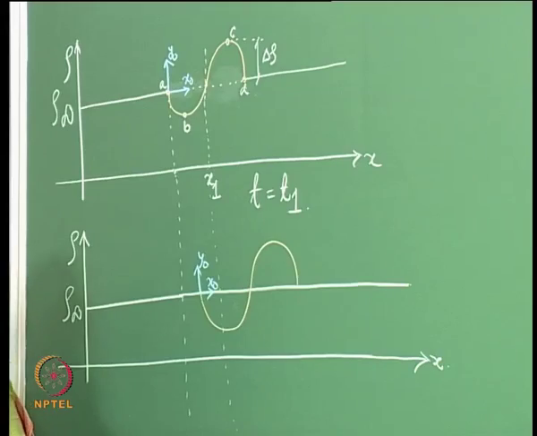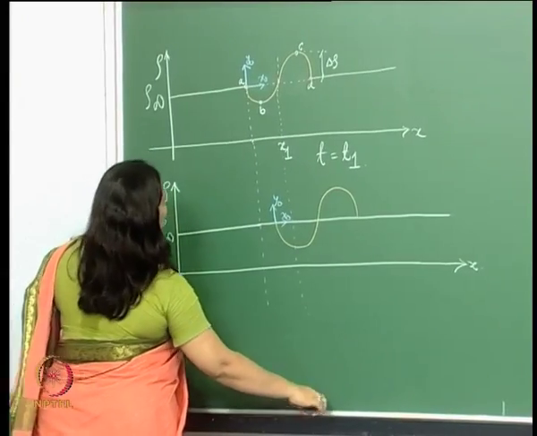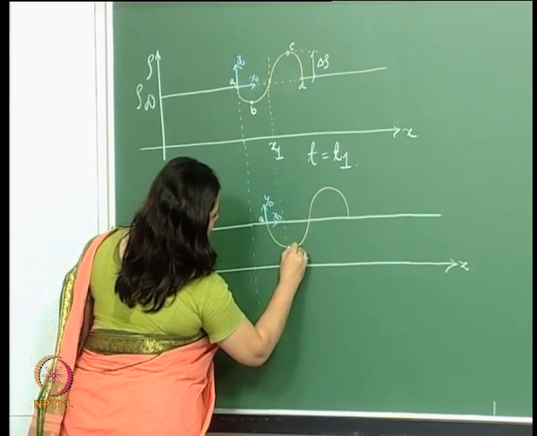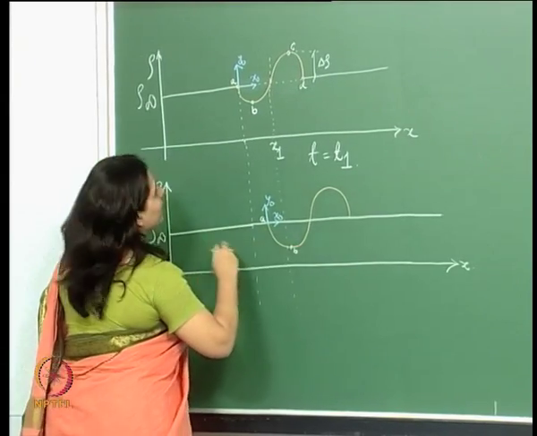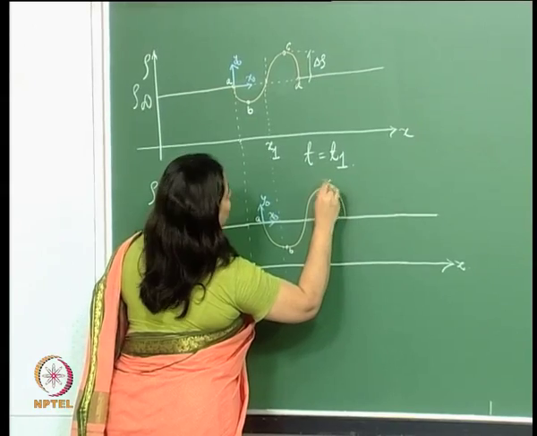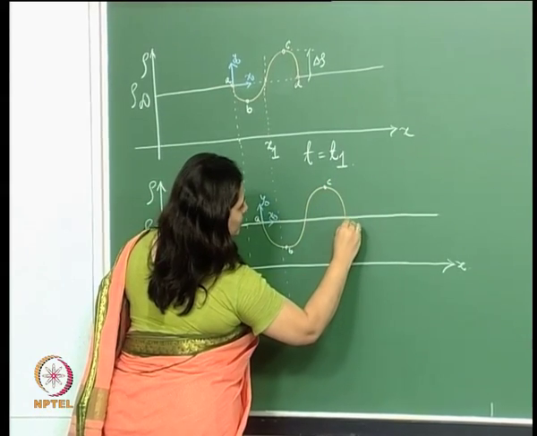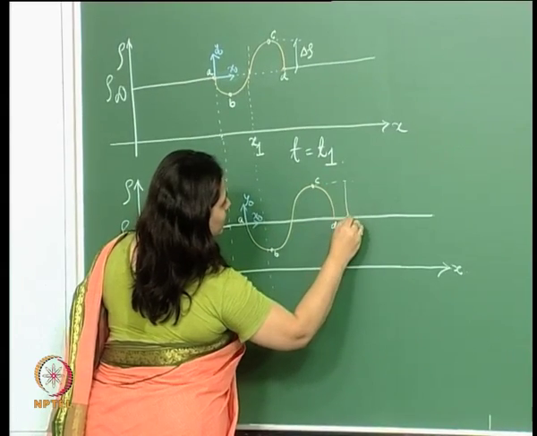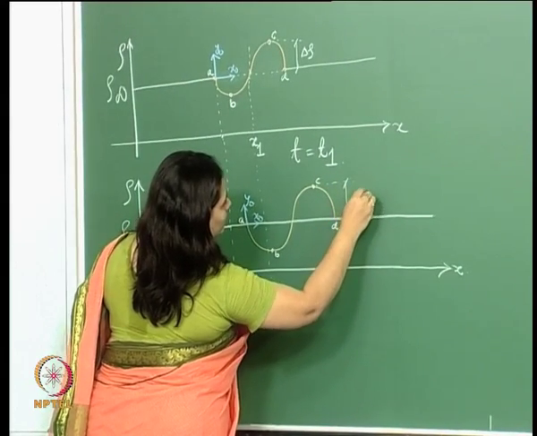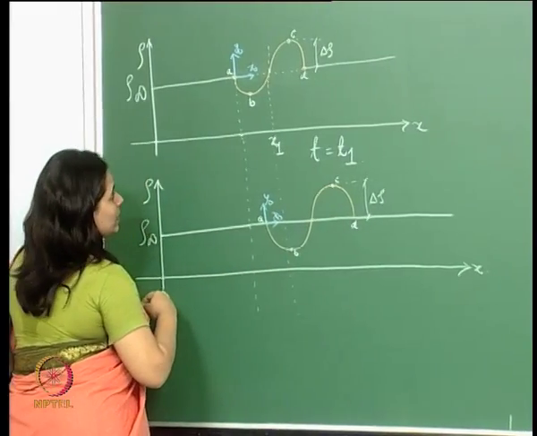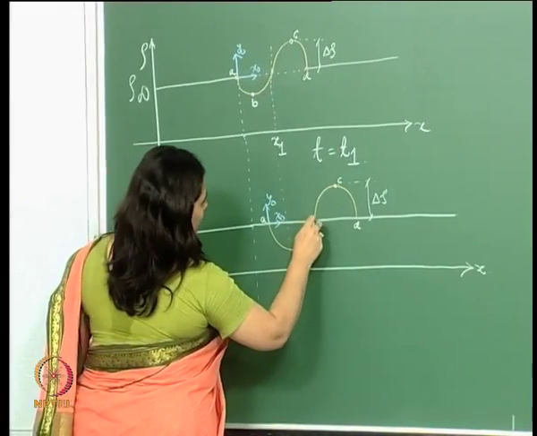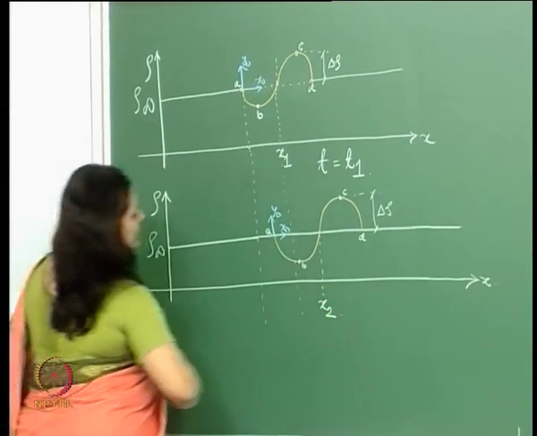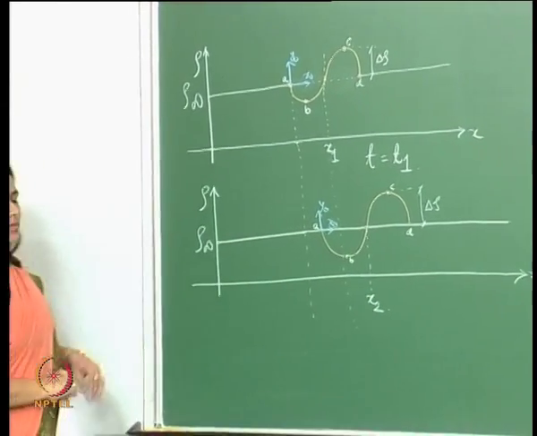So, again, say this is A, this is B, this is D, and again this is C. And now this is x2.